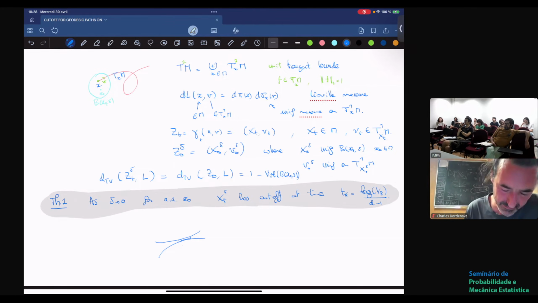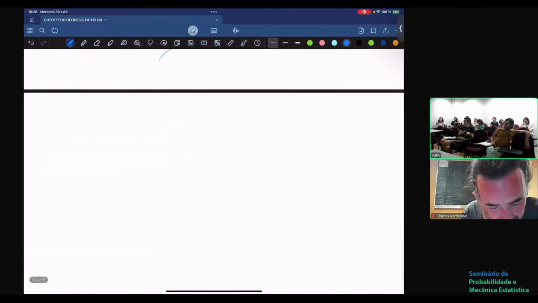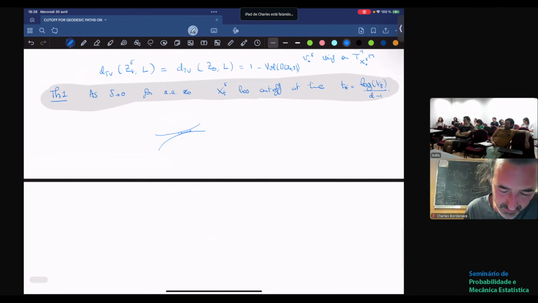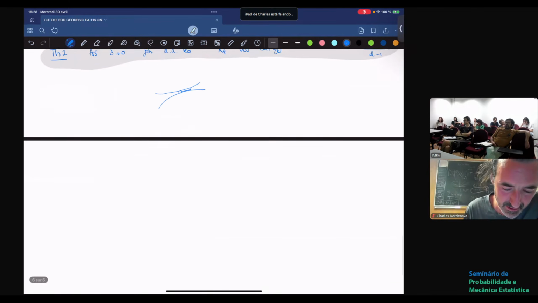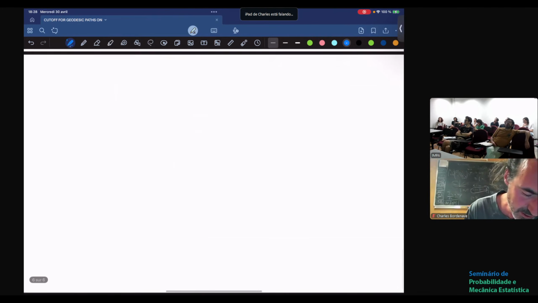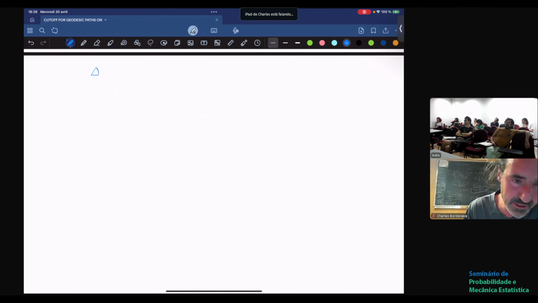Okay, so for the other results, and to explain the kind of proof hidden behind Theorem 1, I need to introduce the Laplace-Beltrami operator, usually denoted by delta. This operator acts on L2 of my surface equipped with my probability measure.